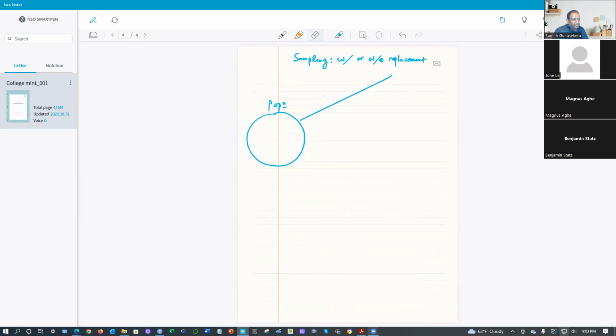That's one thing, sampling. What kind of sampling technique are you going to utilize in order to pick the sample? That's a different discussion.